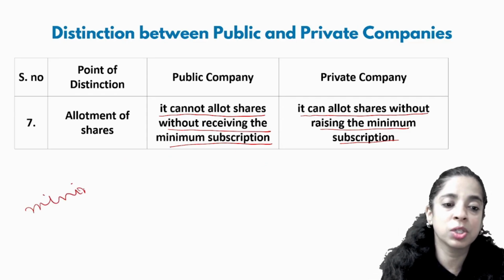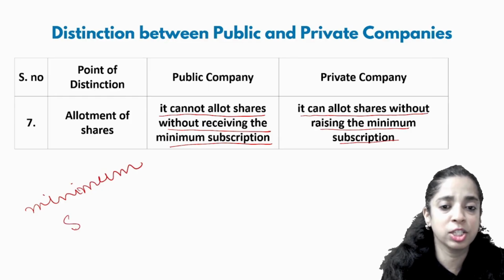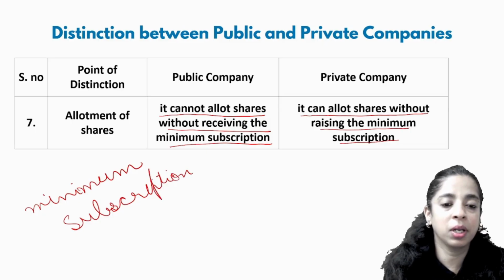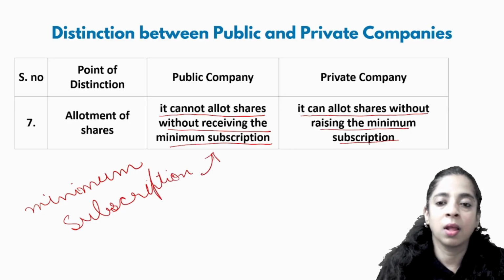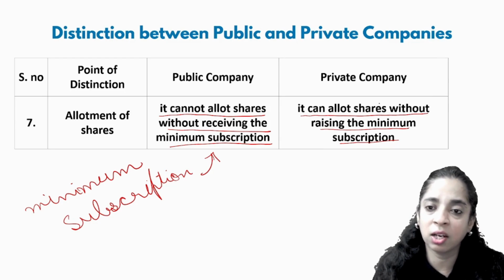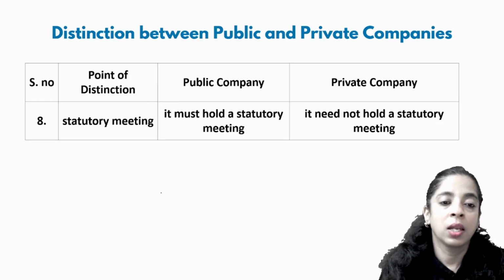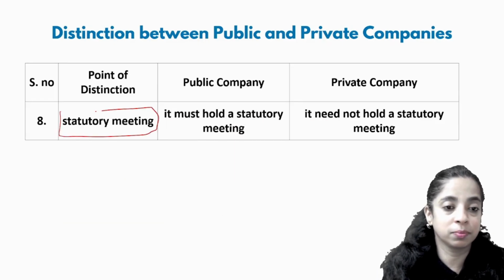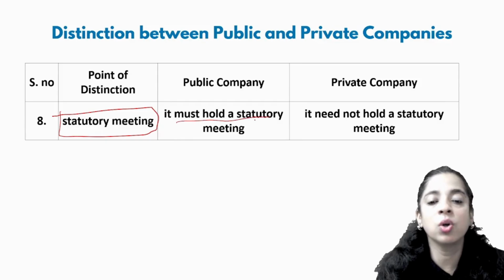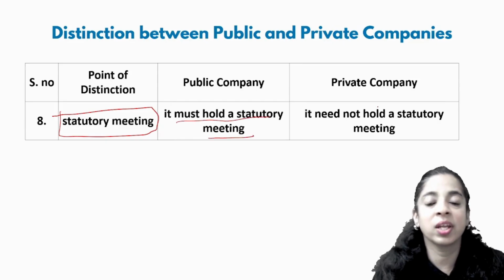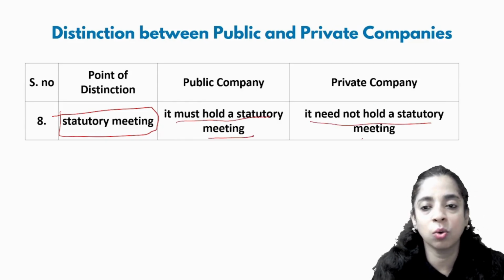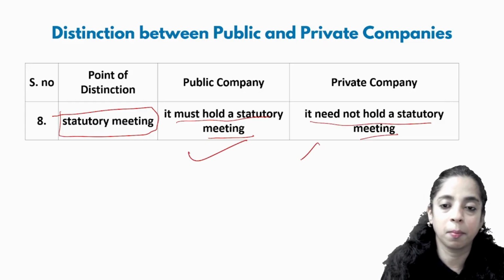Minimum subscription has to reach in case of a public company, and here it can allot shares without raising the minimum subscription. Now statutory meeting: a public company must hold a statutory meeting, whereas a private company need not hold a statutory meeting.